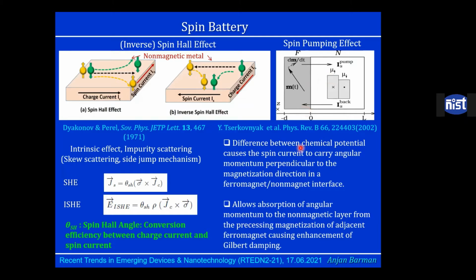This allows an absorption of angular momentum into the non-magnetic layer, and that will cause an increase in the Gilbert damping. So the damping will be faster because this creates an additional channel for dissipation of the precession.